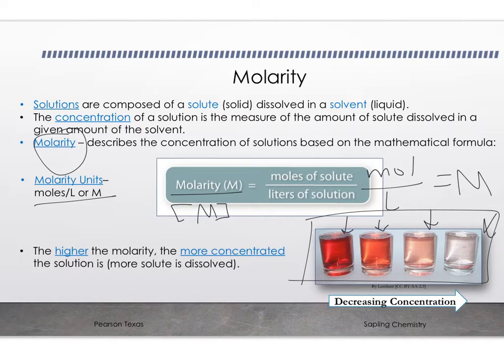That means you have increased the amount of solute, most likely a type of red powder, within the same number of liters of your solvent. So if you go from left to right, you decrease in concentration because you dissolved less solute, and from right to left, you increase concentration. Molarity is just the amount of solute dissolved in a solvent, and you just have to make sure you're looking out for your units. So you need to be in moles and you need to be in liters.